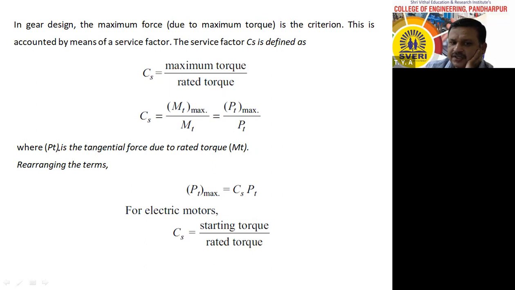Where PT is the tangential force due to rated torque MT. Therefore, rearranging the terms, PT max is equal to CS into PT.